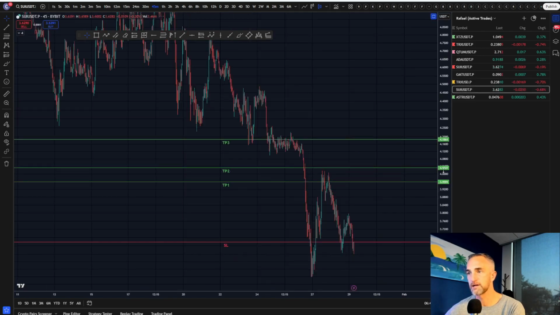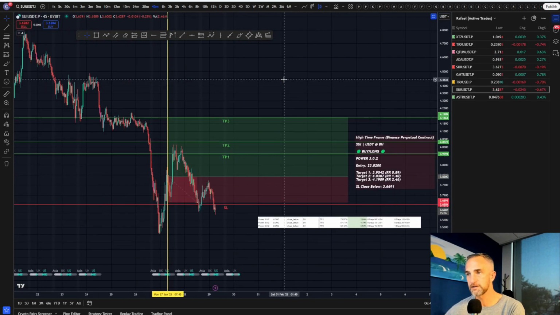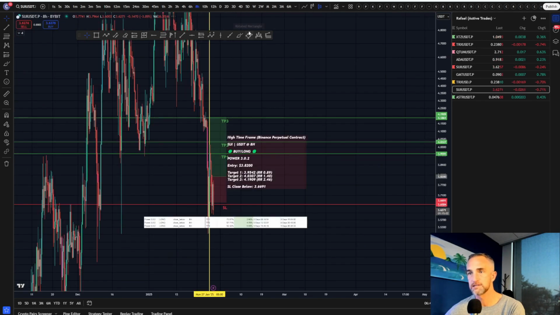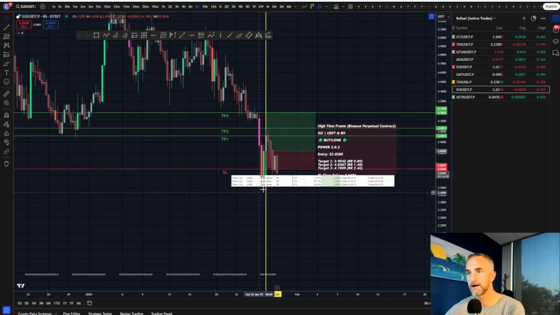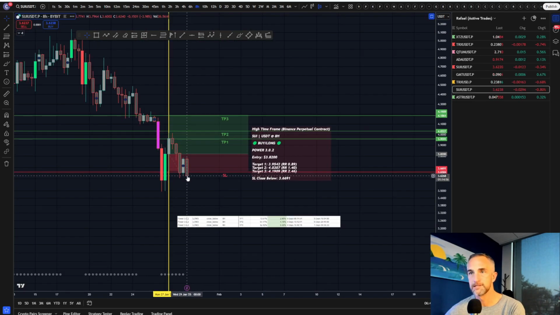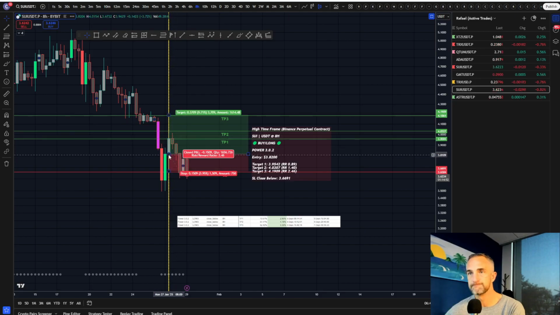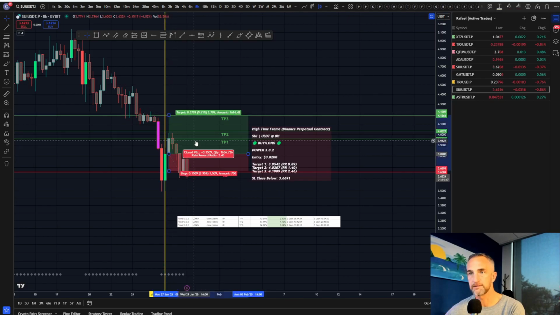And then another one on Sui just fired off here, looks like, on the 8-hour time frame. So let's put it on the correct time frame. And this is one of the ones where, you know, on that 8-hour candle, I think it should have been right here.